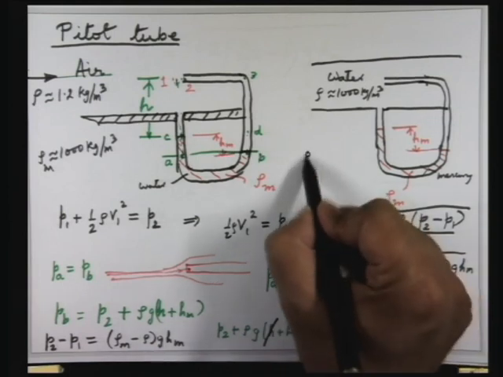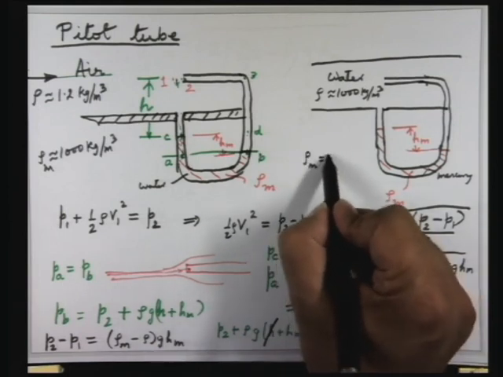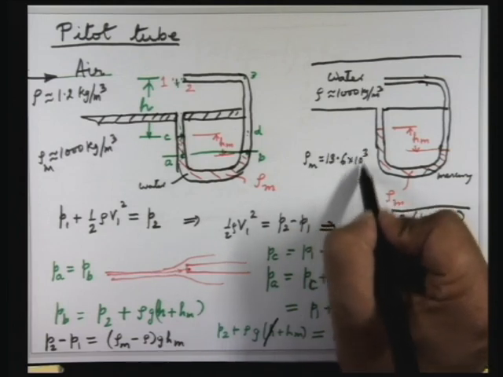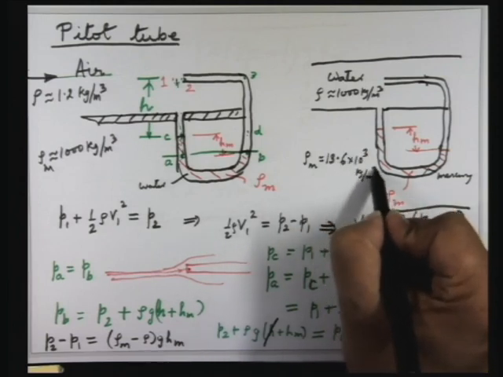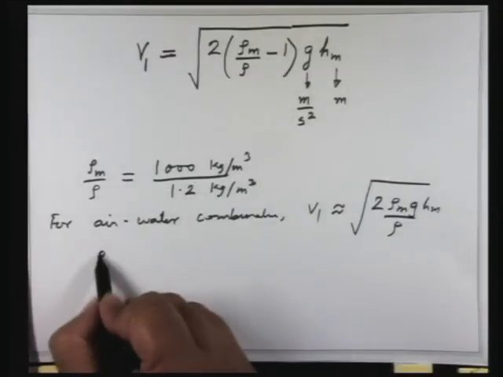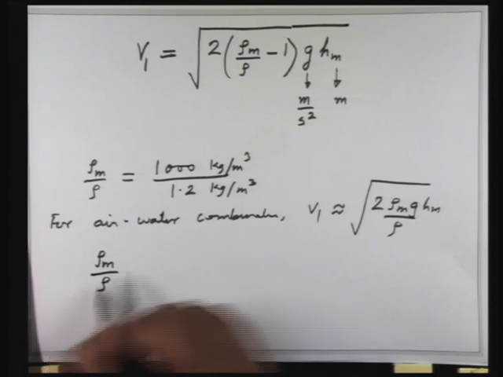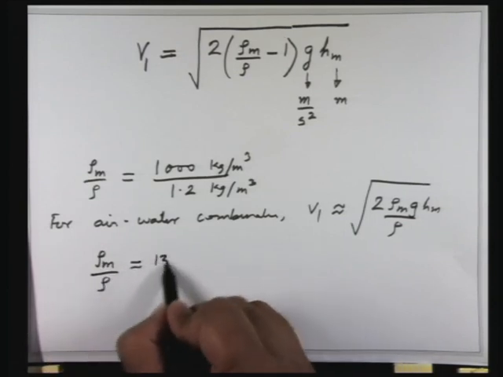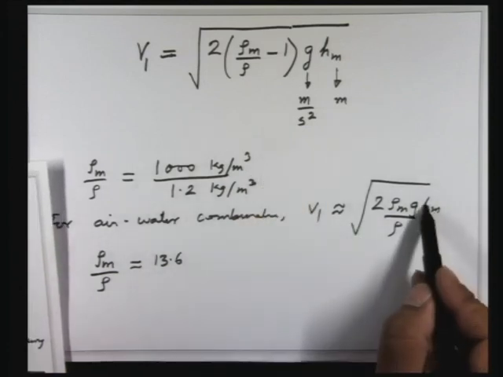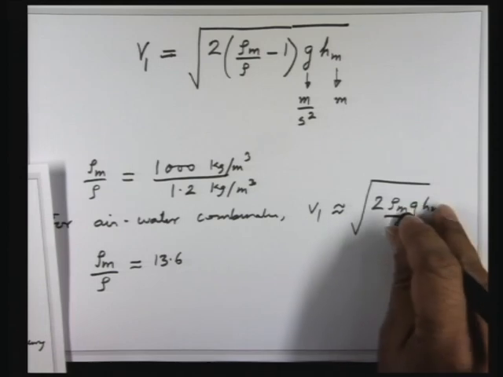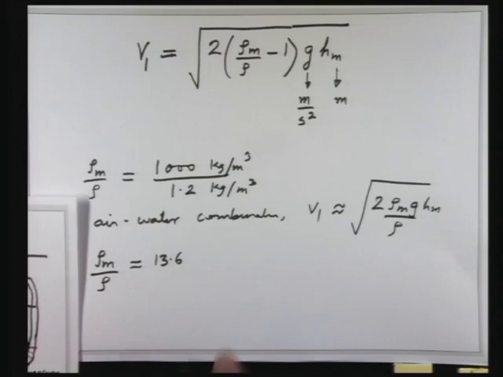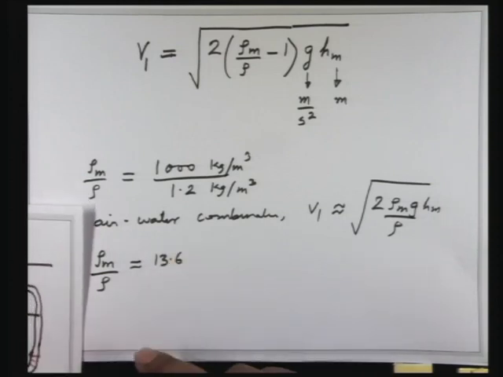So here your rho m will be 13.6 into 10 to the power 3 kg per meter cube. So we come back over here. For this case, rho m by rho is 13.6. Now if I say that I am going to use this expression, the error is going to be significant, because now 1 is not insignificant compared to 13.6.